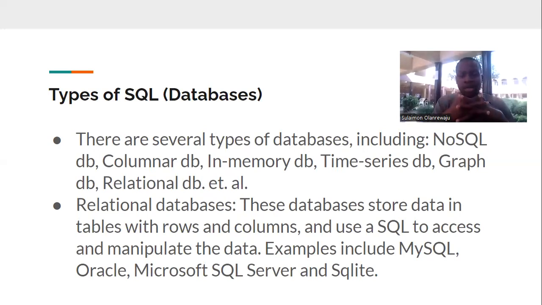So what do we know as a relational database? When you talk about a relational database, you are referring to a database or computer system that stores data in tables, in rows and columns, and it uses SQL, the structured query language, to access and manipulate the data inside that table.